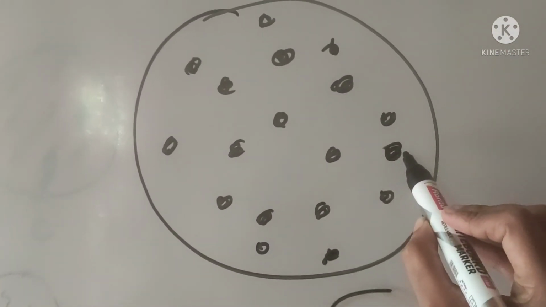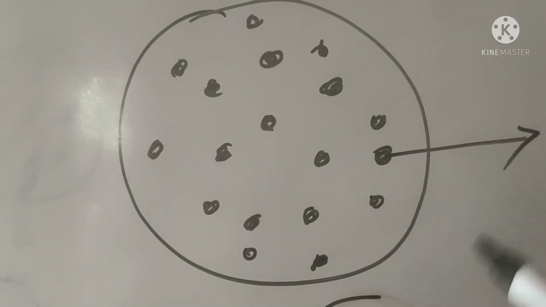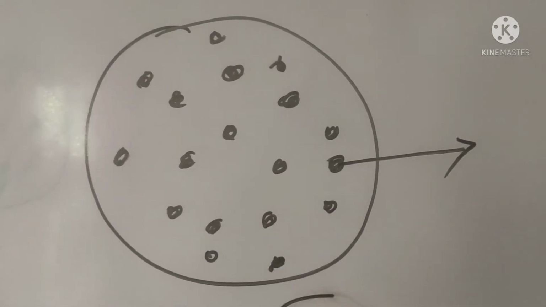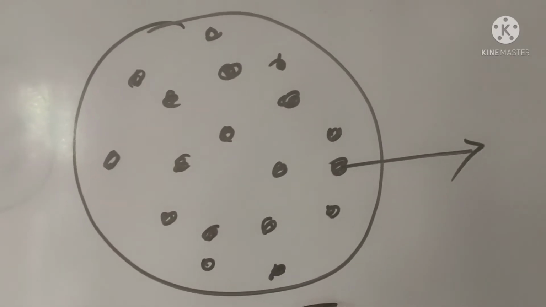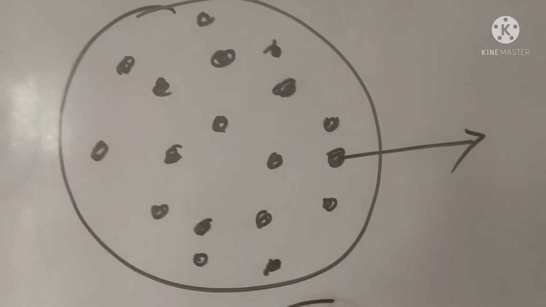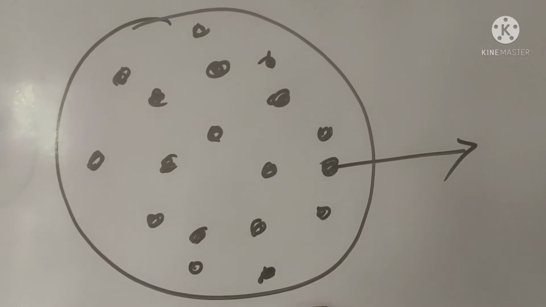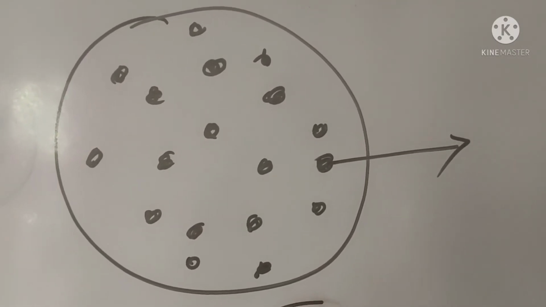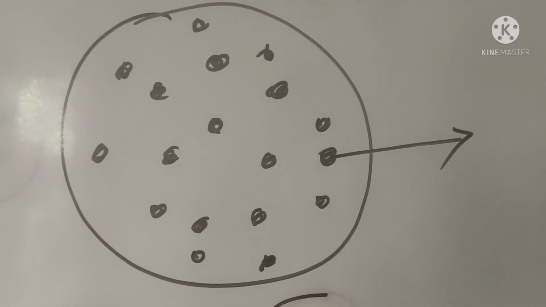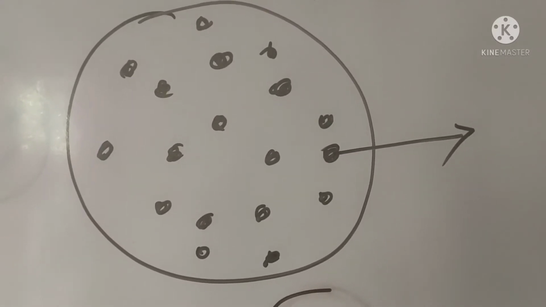If we take one of these atoms, is it possible to divide it into simpler units? It is difficult to divide this atom into simpler units. That is the first postulate: the atom is indivisible.